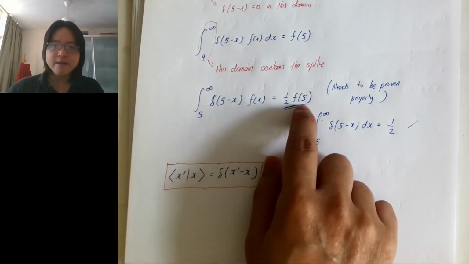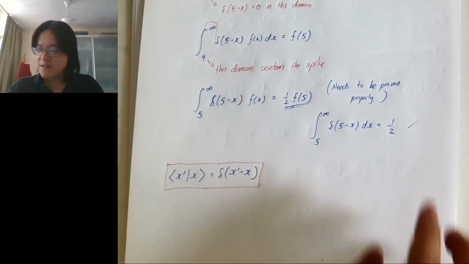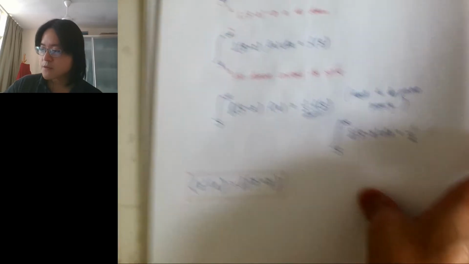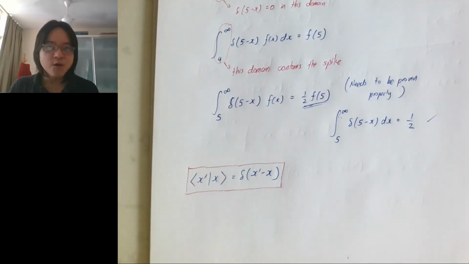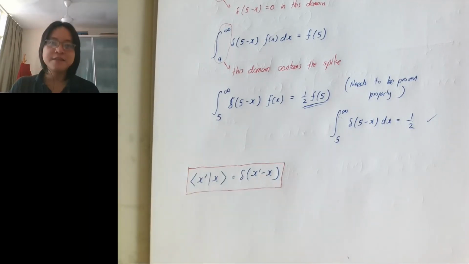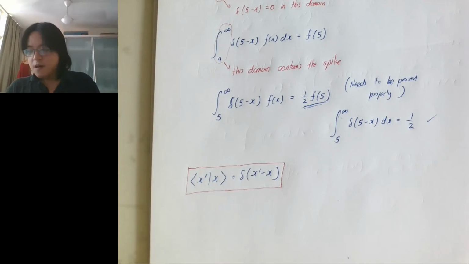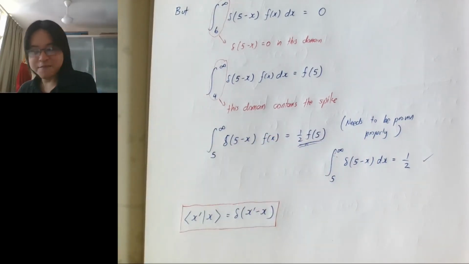In math, I think you learn this in mathematical analysis 1 or 2, one of the advanced courses, but we need to use this now because we need to deal with the position eigenstates.